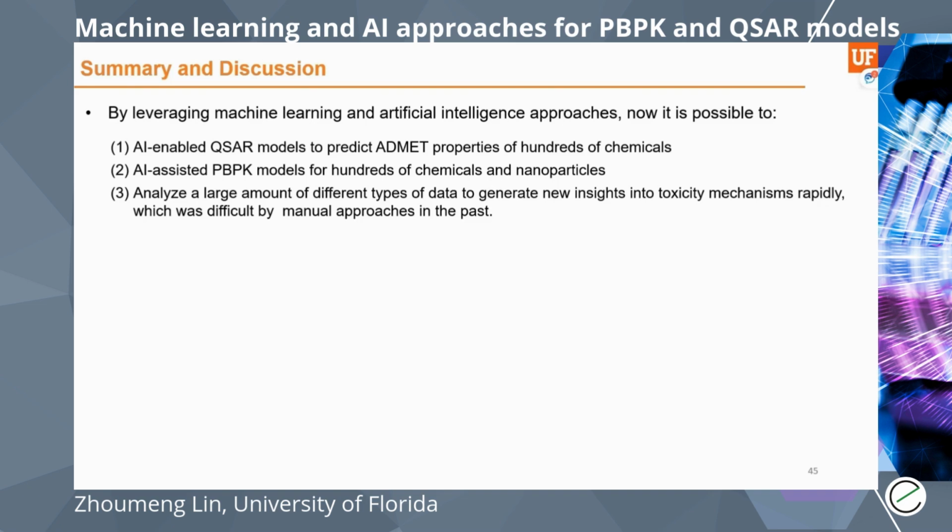We can also build AI-assisted PBPK models for hundreds or even thousands of both chemicals and nanoparticles. And we can also analyze a large amount of different types of data to generate new insights into the toxicity mechanism rapidly, which was difficult by manual approach in the past.